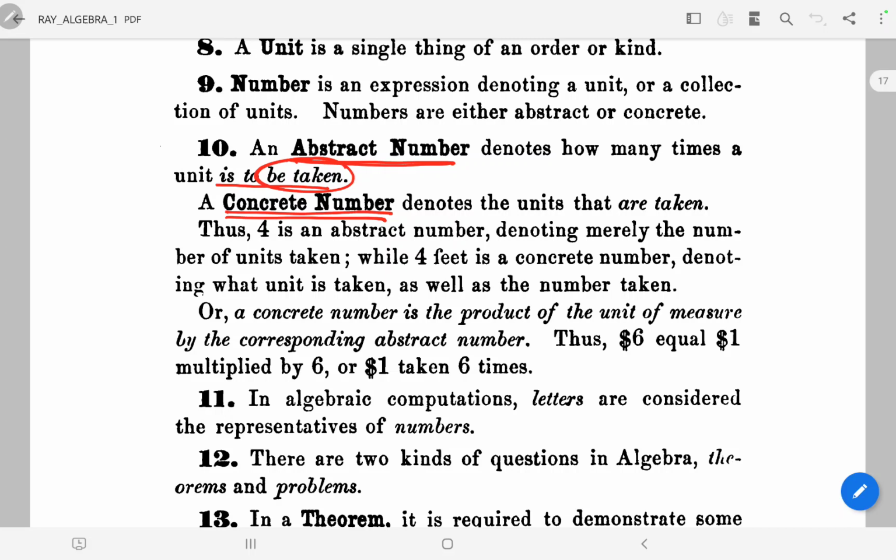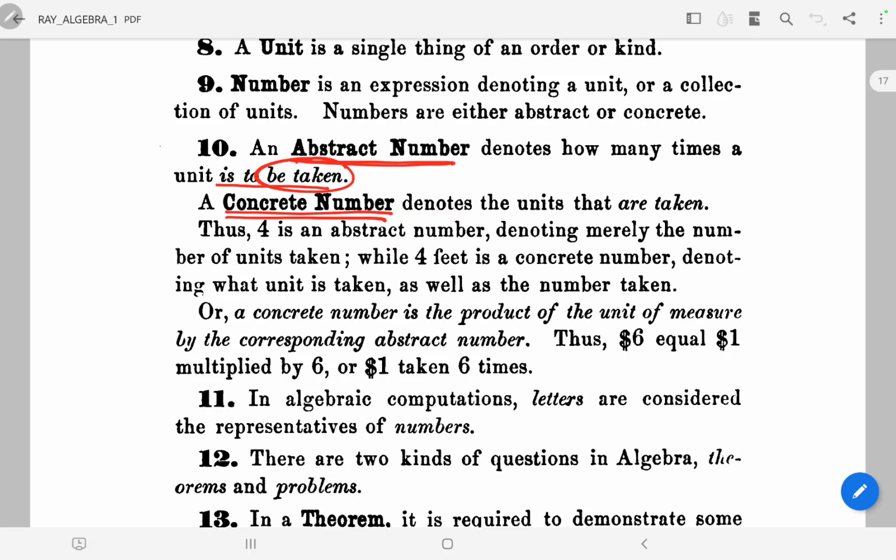A concrete number denotes the units that are taken. A concrete number denotes the units. So the concrete number tells us the number, but also what the units are. An abstract number speaks of the number alone, without any reference to the units.